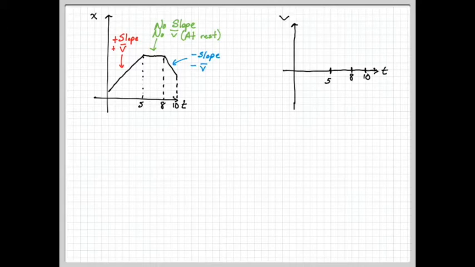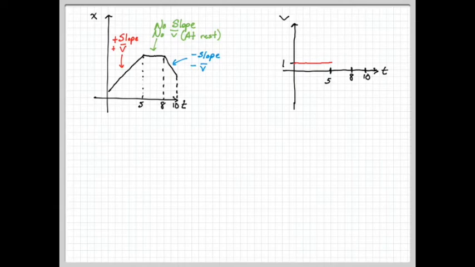Now if we calculate the first slope, from 0 to 5 seconds, it looks pretty consistent at about an up 1 over 1 slope. So we're going to say that the average velocity for the first segment is about 1 meter per second. You'll notice it's a fairly constant straight line, so our velocity graph should have a straight constant line at a value of 1 meter per second.